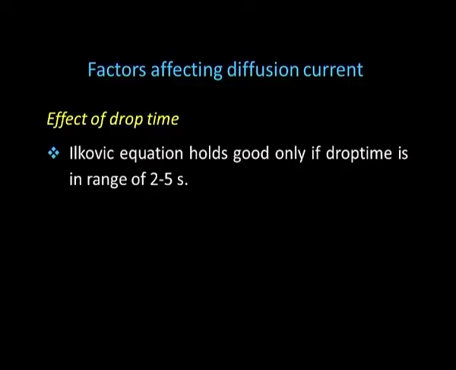Now, the question comes to consider the factors which affect diffusion current. The first is effect of drop time. There is a condition that Ilkovic equation holds good only if the drop time is in the range of about 2 to 5 seconds.